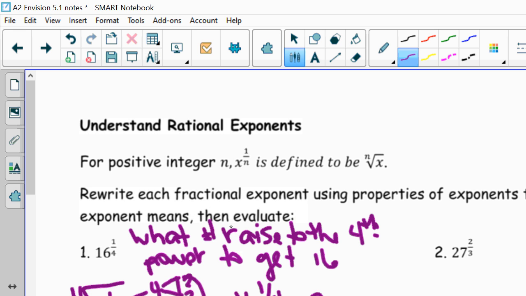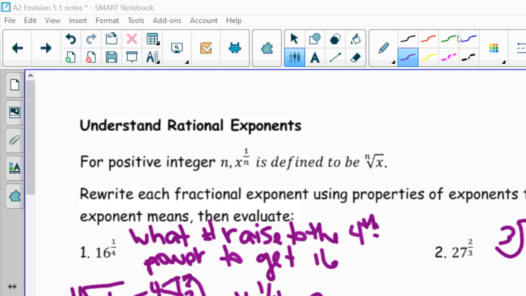Okay. Number 2, 27 to the 2/3 power. I can rewrite this as this bottom number, okay, is my index. So the cubed root of 27 squared, or I can say this is the cubed root of 27 and then square my answer. Okay. It doesn't matter which one of these I work out.